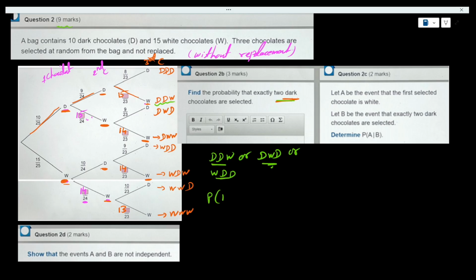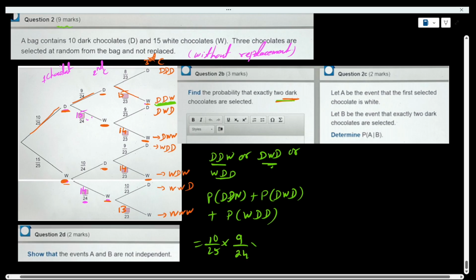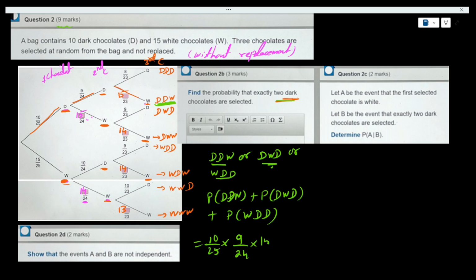So probability of dark dark white plus, because for the or rule you have to add, probability of dark white dark plus probability of white dark dark, and you just need to multiply the probability of the branches. So for this case, what is going to be the product? 10 by 25 times, the second one will become 9 by 24, times now white there is no change, so it's 15 by 23.